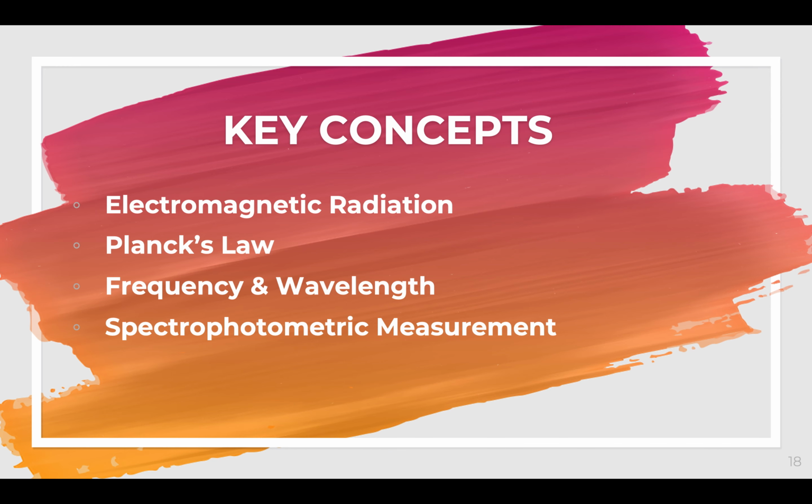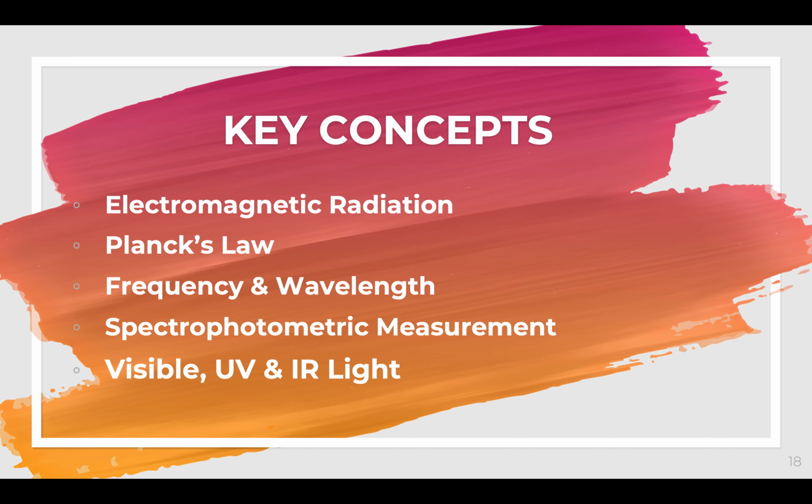And again, we are all about spectrophotometric measurement. We are measuring the light intensity with regard to a narrower wavelength, and of course for your visible, your ultraviolet, and your infrared light. For your visible light, that is from 400 nanometers to 700 nanometers.